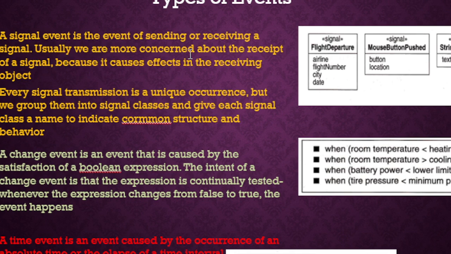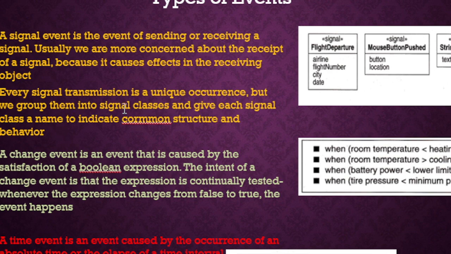Usually we are more concerned about receipt of a signal because it causes effects in the receiving object. If we are interested in receiving that signal, and it causes some effect in the receiving object, then it is noteworthy and important, and it is regarded as a signal event.